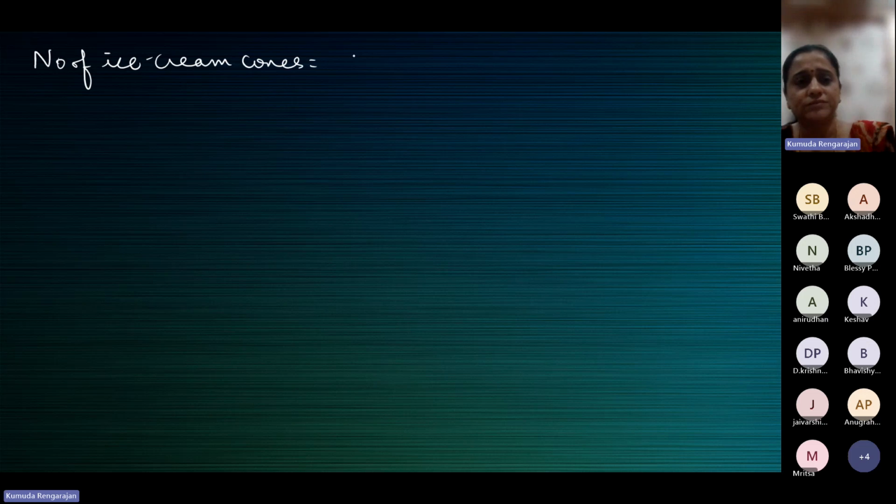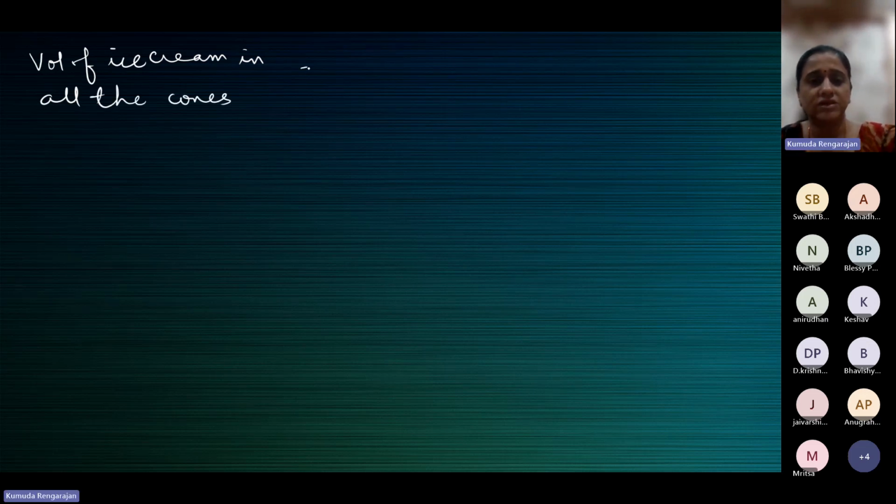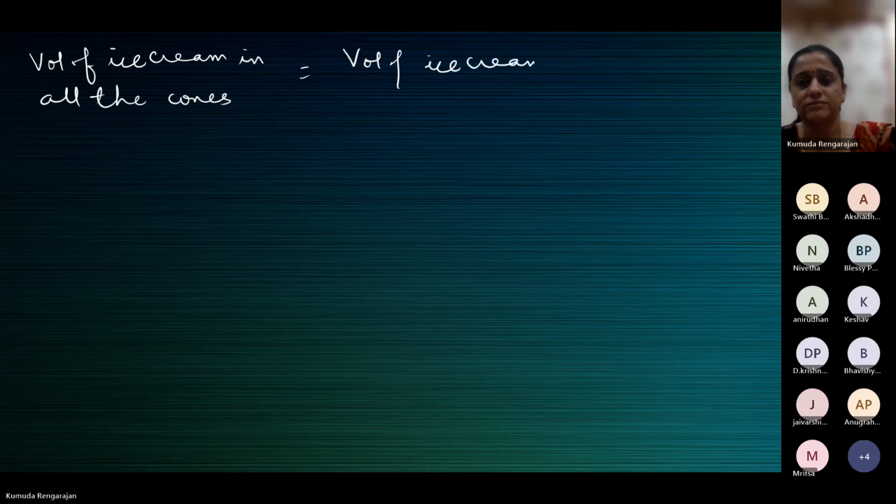Okay. So the equation is: volume of ice cream in all the cones is equal to volume of ice cream in the cubical brick.